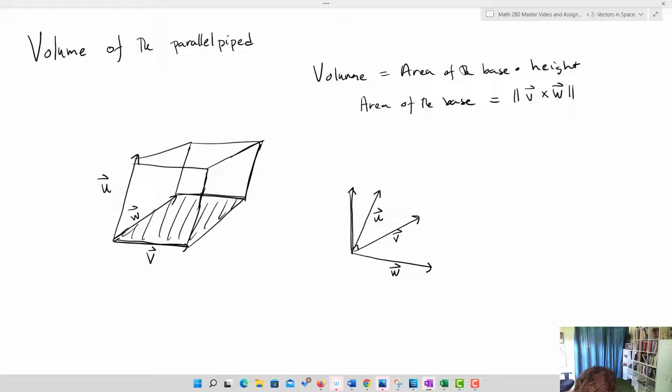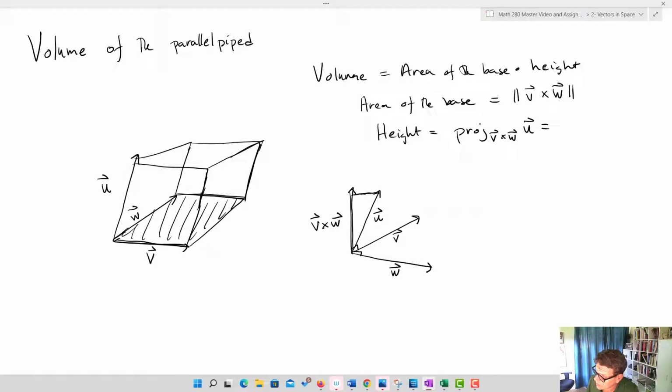It's orthogonal to both V and W, and it is V cross W. The height of the parallelepiped is actually going to be the projection of U onto V cross W. So my height equals the projection onto V cross W of U.